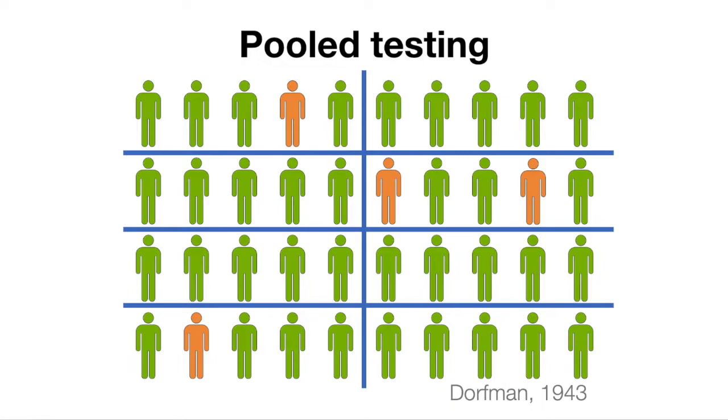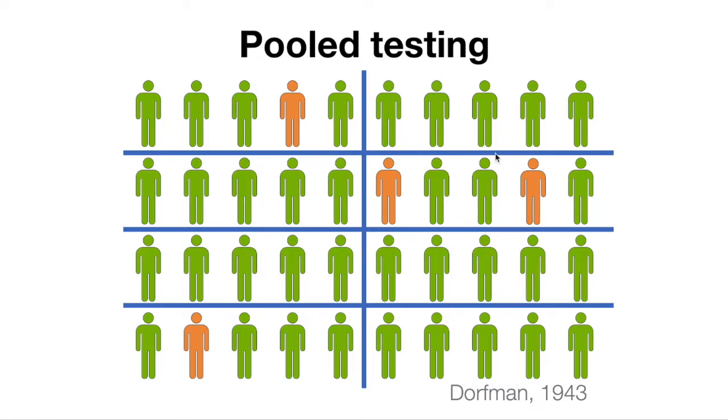And so each of these is pooled together. So in this top one, we take a sample from each of those 5 people, mix the sample together and test it. And because one of those individuals is infected, that means we get back a positive result from this top left pool. This top right pool, no one in that pool is infected, and so that test will come back negative.